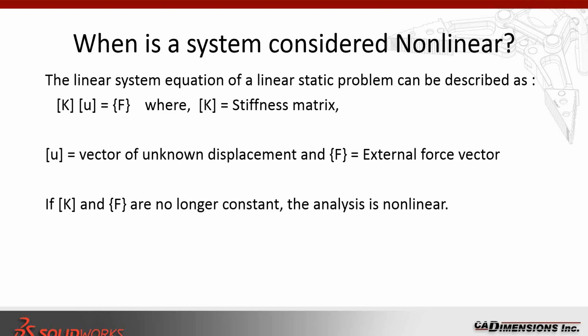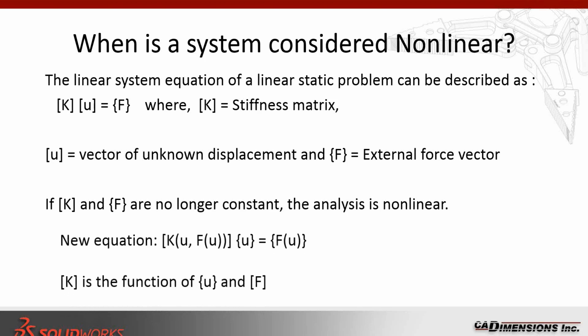However, when the stiffness matrix and the force is no longer constant, the analysis is now considered a nonlinear analysis. So the new equation for a nonlinear analysis is your stiffness matrix is a function of your displacement, the unknown displacement, and your forces, the external forces vector. Right?